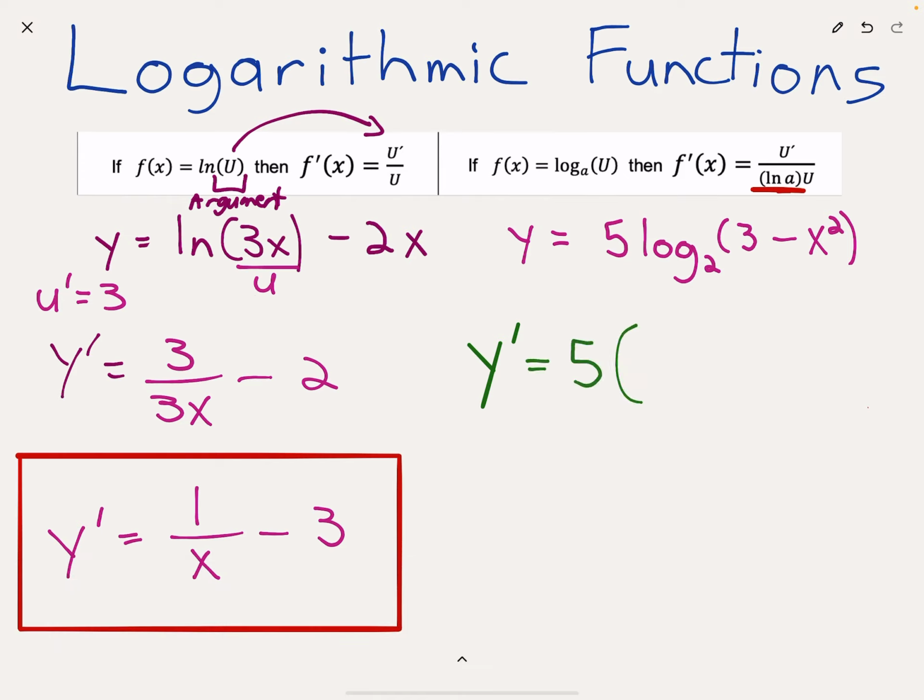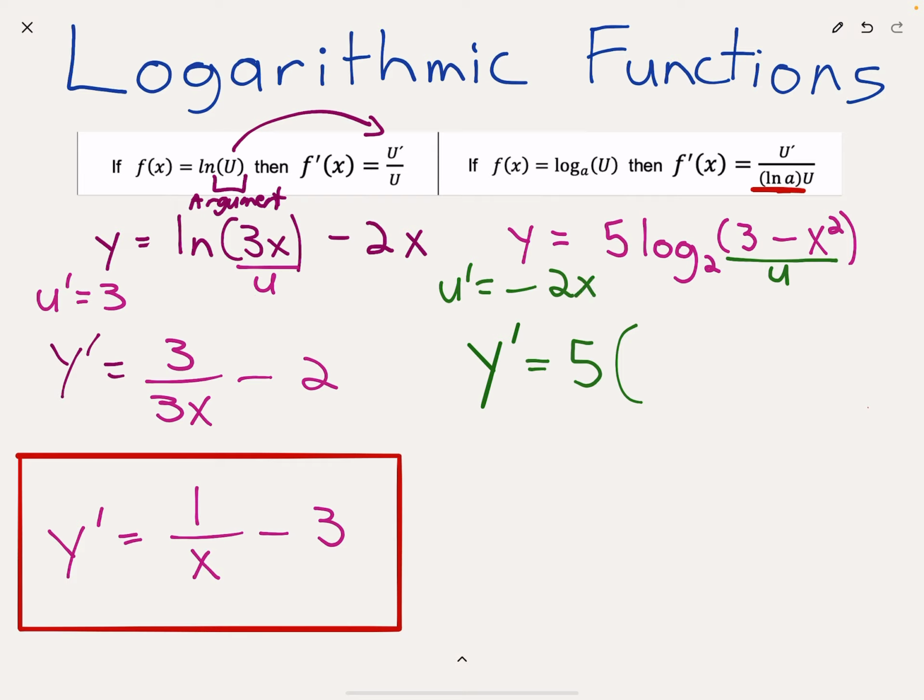And what's going to happen with that logarithm base 2? We identify u, we identify the argument, and we say, okay, if that is u, what would be the value for u derivative? The derivative of the 3, the constant, it's 0, and the derivative of minus x squared with power rule, it's minus 2x.